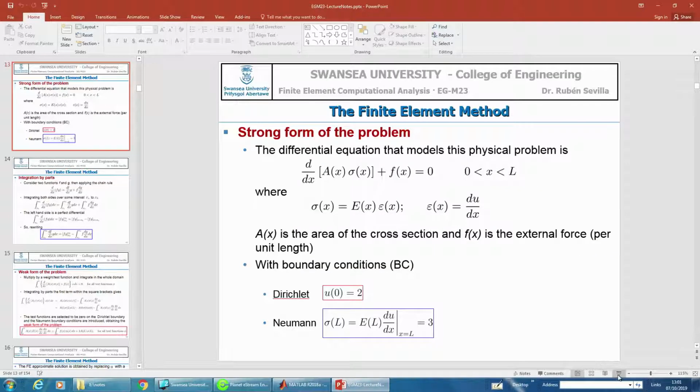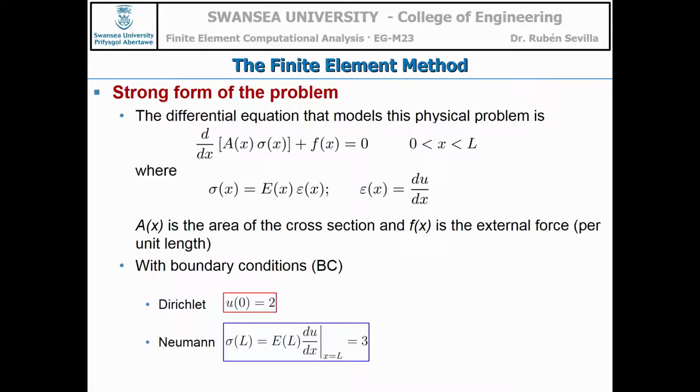Okay. Very, very quick summary of what we did last Monday. It's just an introduction to the finite element method. So basically what we are doing here in this module is solving problems in engineering that are governed by these partial differential equations. Okay?